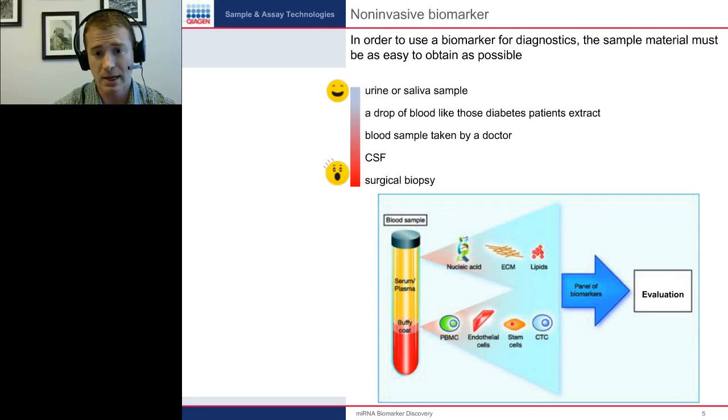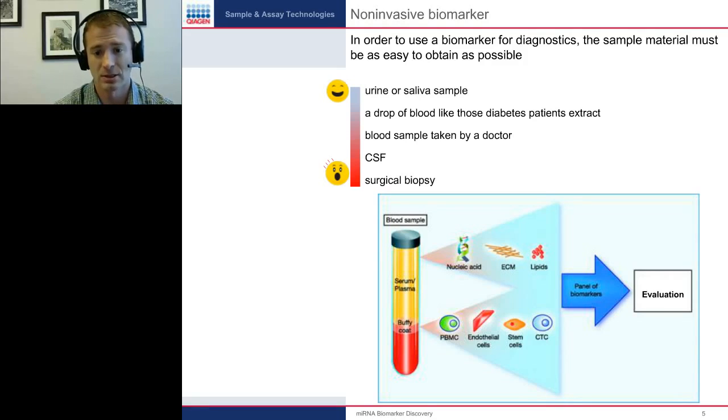So all things being equal, if you're looking at a non-invasive versus an invasive biomarker, you would like to go the route of a non-invasive. But again, everything has its place, including the non-invasive and the invasive biomarkers.